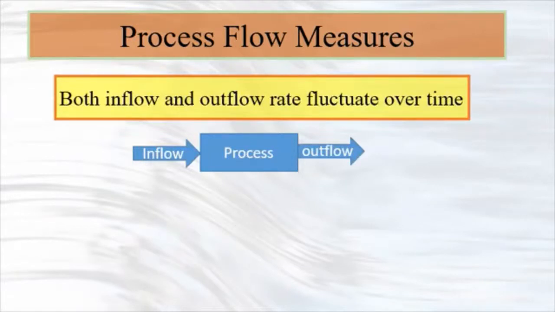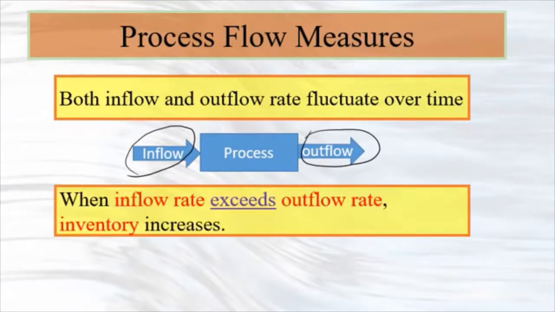So in a process, we have inflow and outflow, and in the process we have, as we said, it could be product or customers stuck in the process in terms of inventory. Now when the inflow exceeds outflow, so the inflow is much greater than the outflow, and you see this in places in the early morning where you have more customers coming in than leaving, in that case inventory will increase.